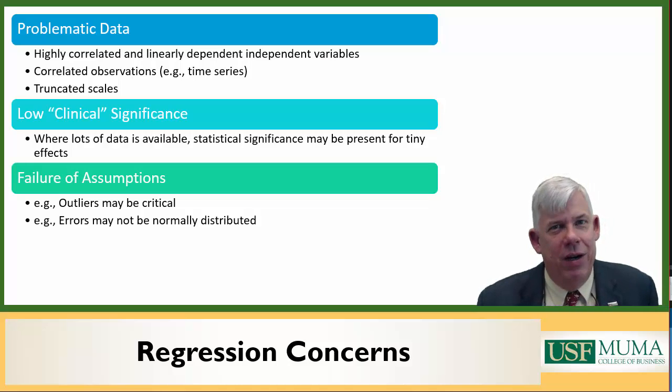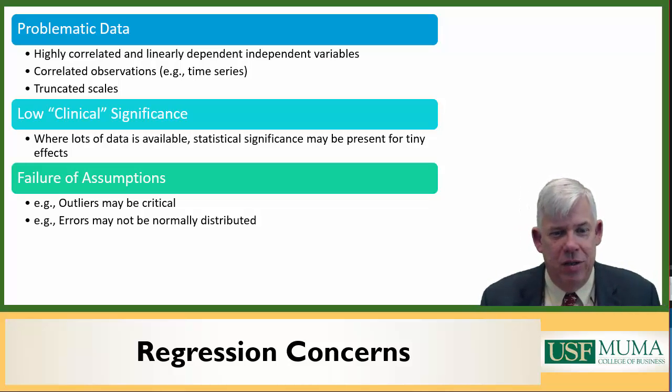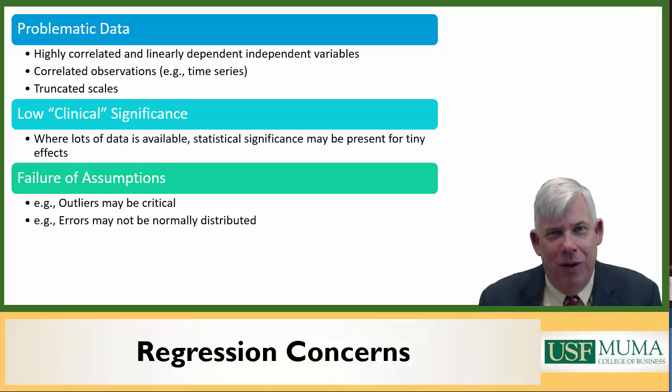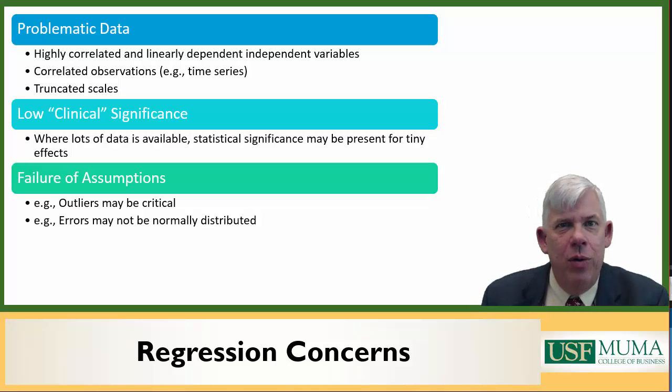So you may have errors that are not normally distributed. You might have errors that are correlated. This is very common in time series analysis, where the observation at t minus 1 is very correlated with the observation at t, which is very correlated with t plus 1, and so forth. Those all can undermine the regression.